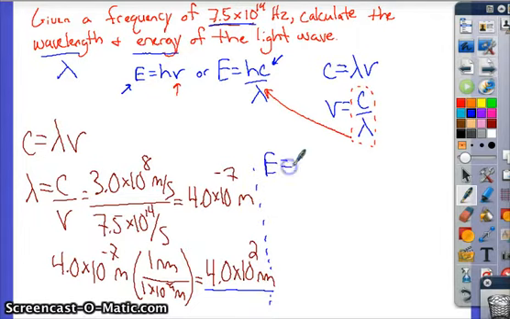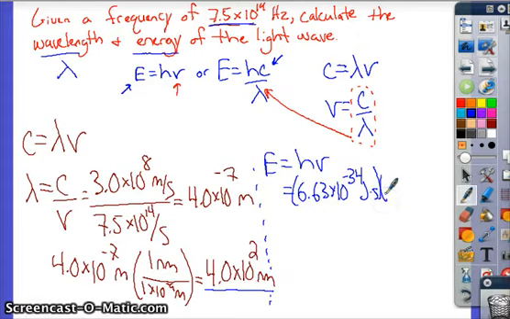So let's do Planck's constant times frequency. Planck's constant is stated to be 6.63 times 10 to the negative 34 joule seconds, meaning joule and seconds, both in the numerator. Multiply that by your frequency, the 7.5 times 10 to the 14th cycles per second.